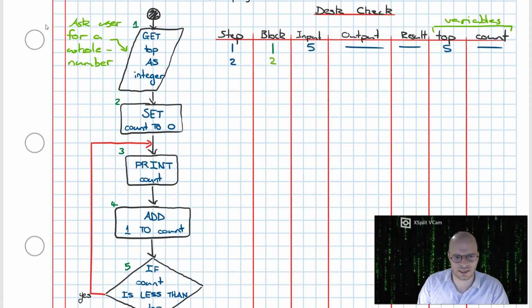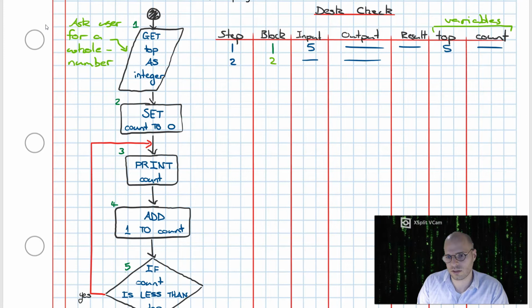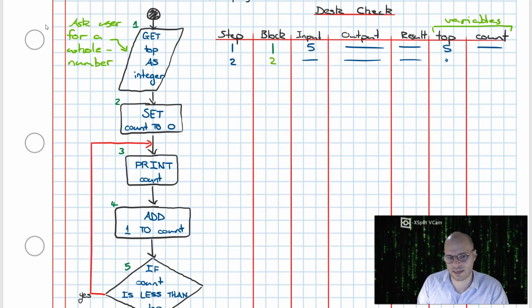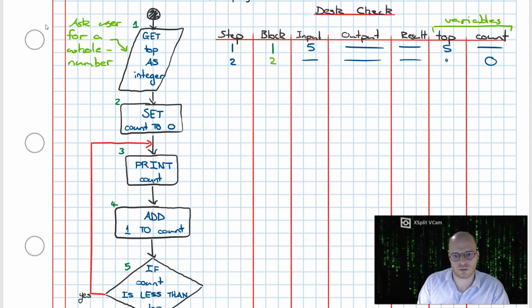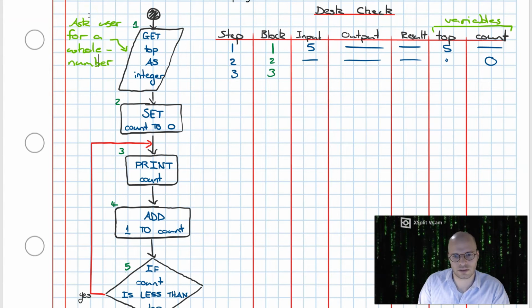Block 2 is set count to 0, so there's no input, there's no output, there's no result. The value of top is unchanged, and the value of count is now 0. Going down, we have print count. So what we've got is block 3, step 3.